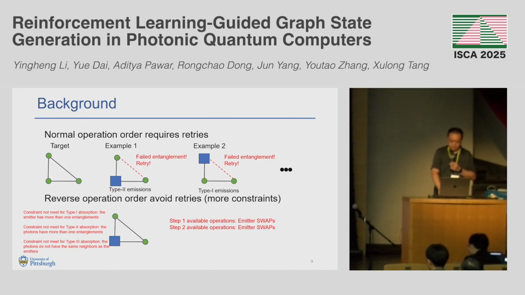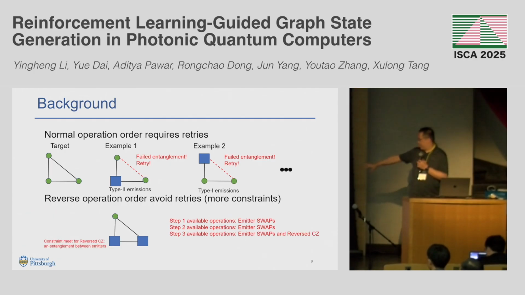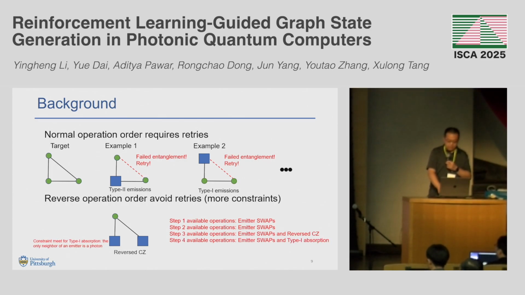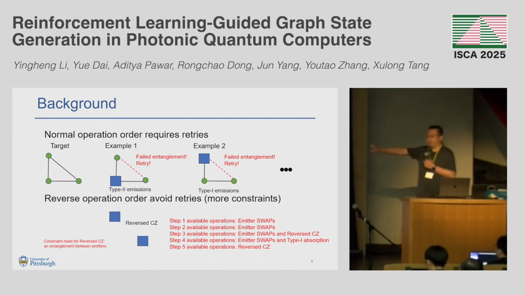And what we have to do is have another emitter here to eat that photon. And then we can apply the reverse CD to remove that edge, and then use a type 1 absorption to eat that photon, and another reverse CD to remove these two. So this is just a reverse order to look at how the graph can be generated.